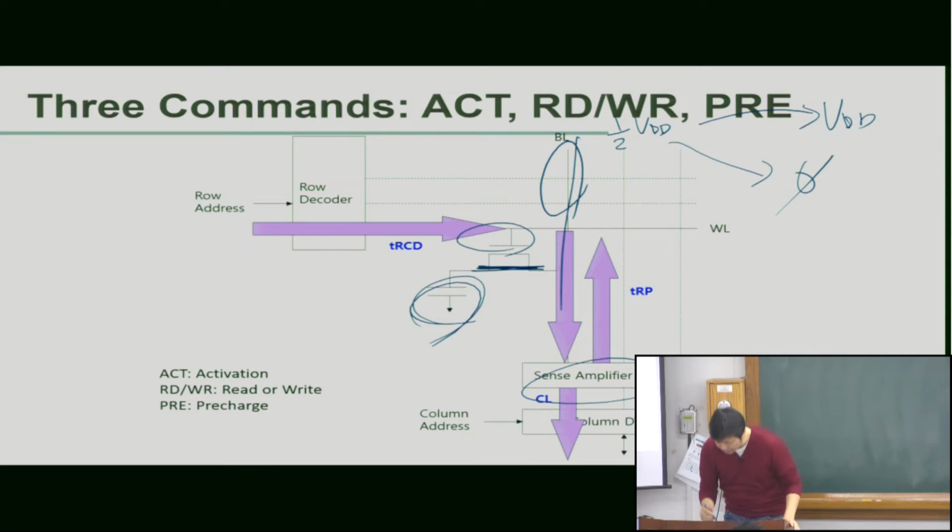That's step 1. And step 2 is that you need to recover the voltage level of this bit line to again 1/2 VDD, the original voltage level. Okay. Then now this bit line becomes ready again to sense the voltage from this capacitor. So this is the third time called TRP.